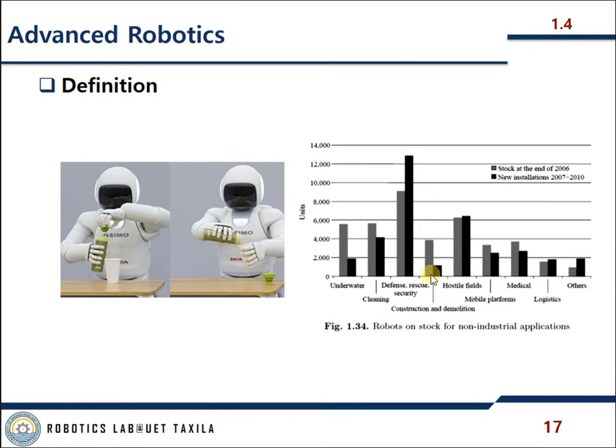Then we have robots for hostile fields such as battlefields and places of disasters, such as the one which recently occurred in Florida, the Irma storm. Then we have medical robots, and there are many other different kinds of robots. So these are the advanced robotics fields in which people are working, and many robots are being developed.